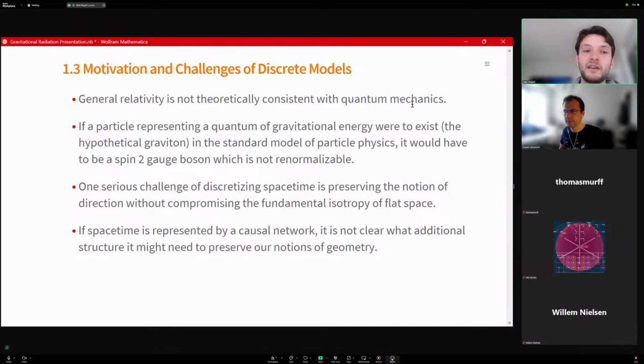But the issue is that general relativity is not theoretically consistent with quantum mechanics. The reason is that quantum mechanics requires that energy in all forms is quantized, but in the mathematics of general relativity, we're allowed to have any amount of gravitational energy.